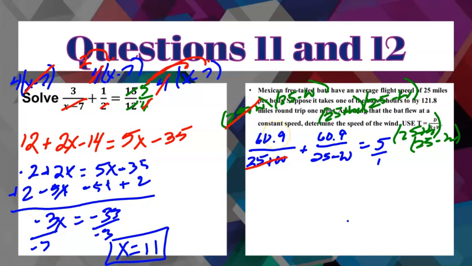I'm now going to have 25 times 60.9, which is going to give me 1,522.5 plus, or not plus, that would be minus 60.9 W. That I'm going to be adding.